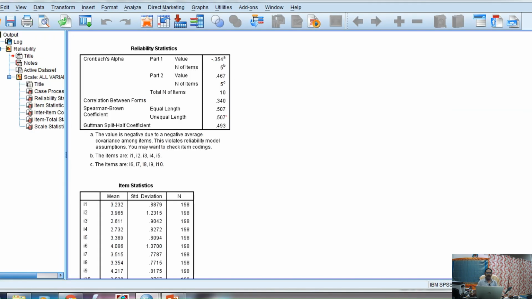So we have the Spearman-Brown coefficient as 0.507. This is our correlation coefficient.